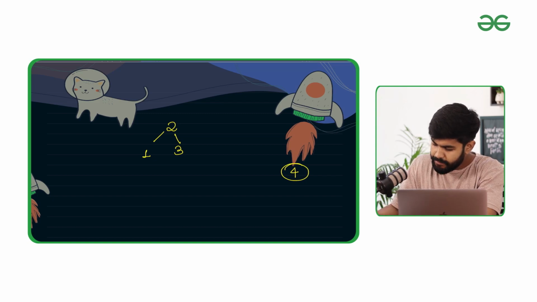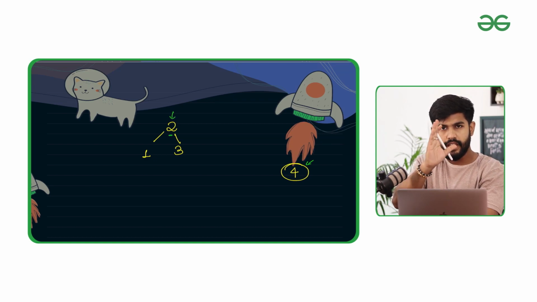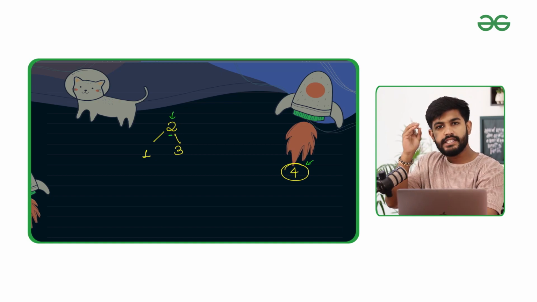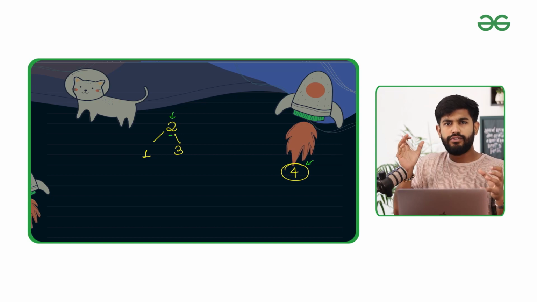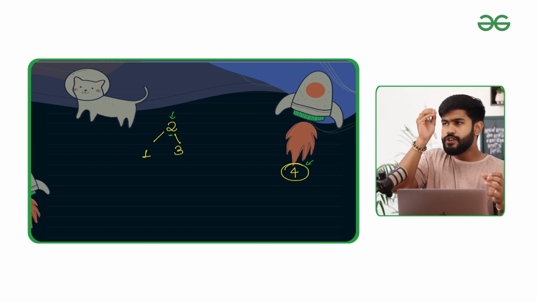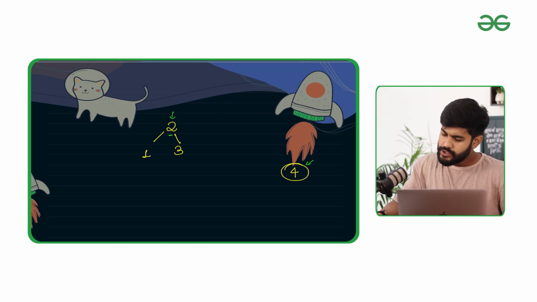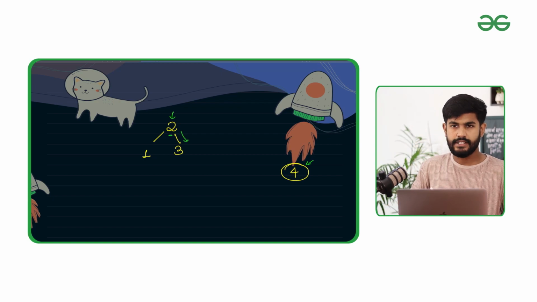So the value to be inserted is 4. We see that 2 is here. Since 4 is greater than the root itself, it should lie on its right part, not its left part, so we should move on the right hand side.